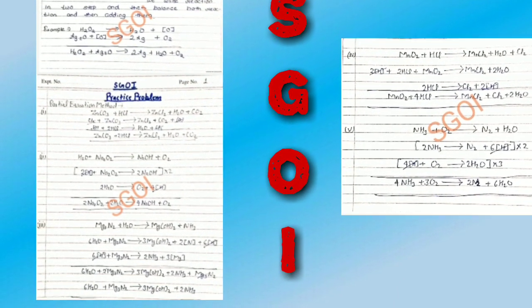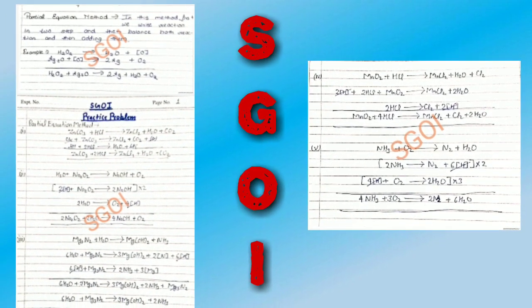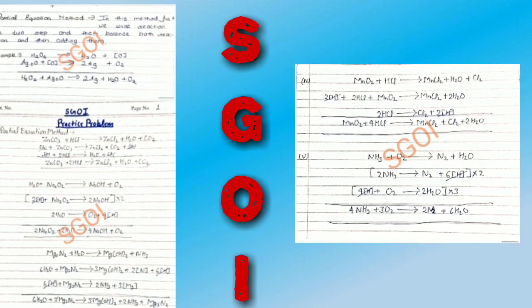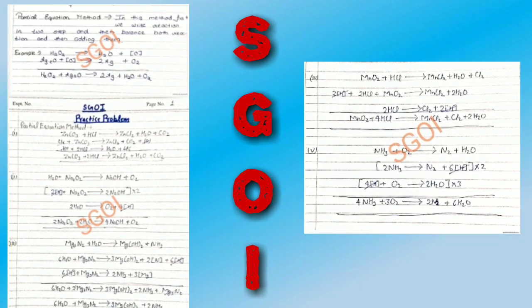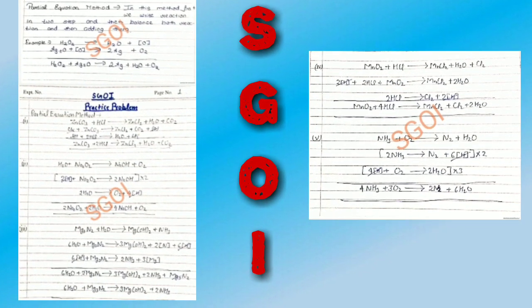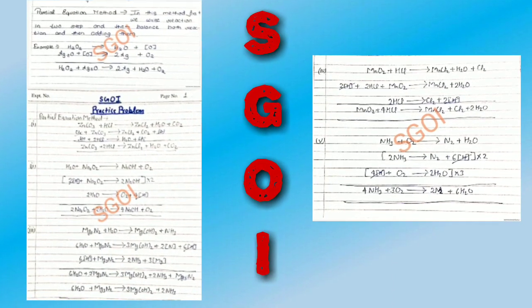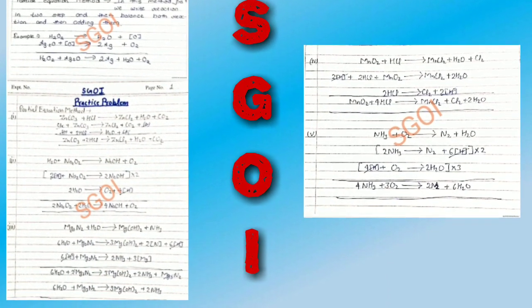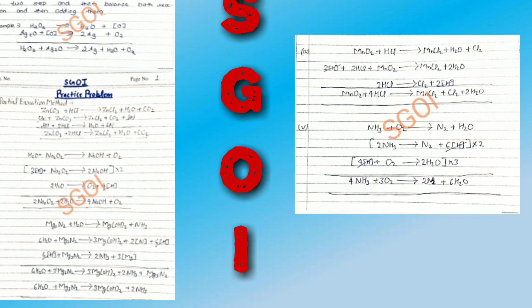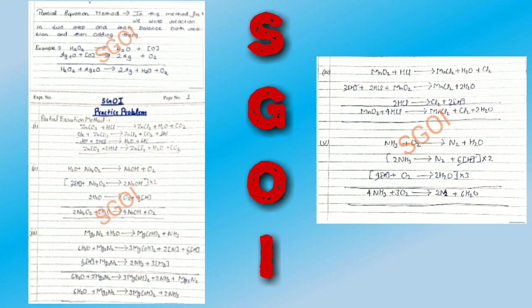Now the second reaction is H2O plus Na2O2 gives NaOH plus O2. Again make two half reactions. Na2O2 gives NaOH, balance sodium by multiplying by 2 in NaOH and hydrogen by 2 nascent hydrogen.